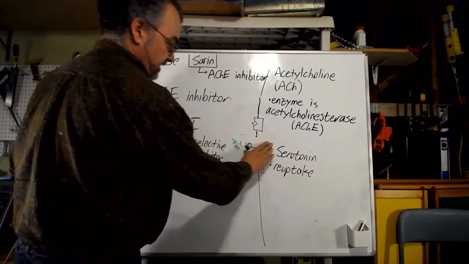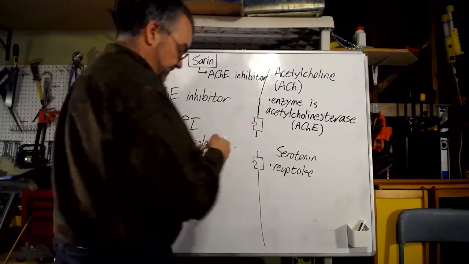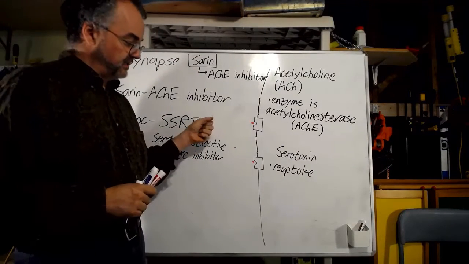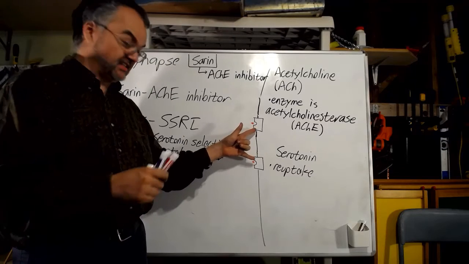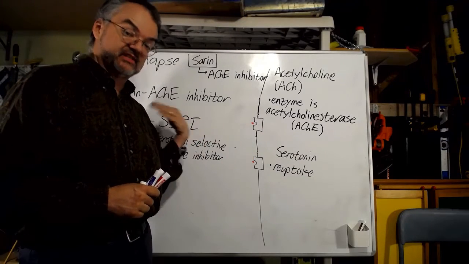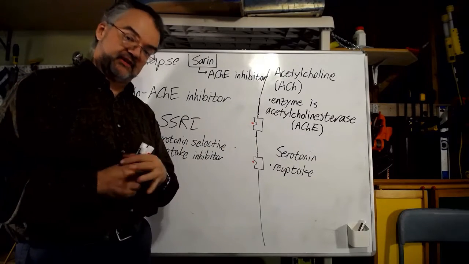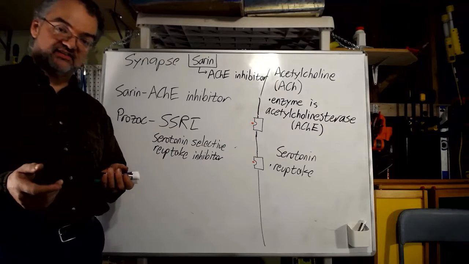So rather than preventing enzymatic breakdown, Prozac means that when I release serotonin into a synapse, it binds to the receptor, and then since it at least slows down the rate at which it's being taken back up, it stays in the synapse and continues to affect the postsynaptic cell. Prozac is usually prescribed as an antidepressant.